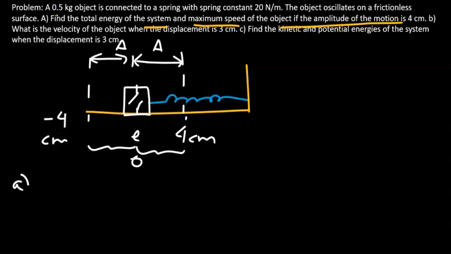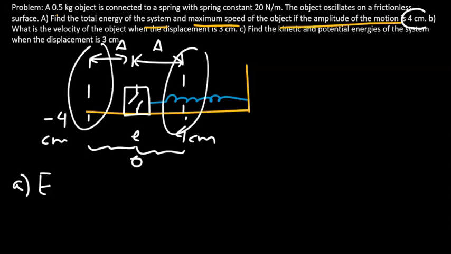So let's do part A, the total energy of the system. Now we are given the amplitude, which means we can calculate the amount of energy the block has here or there, because at those points the energy is purely in the form of elastic potential energy.